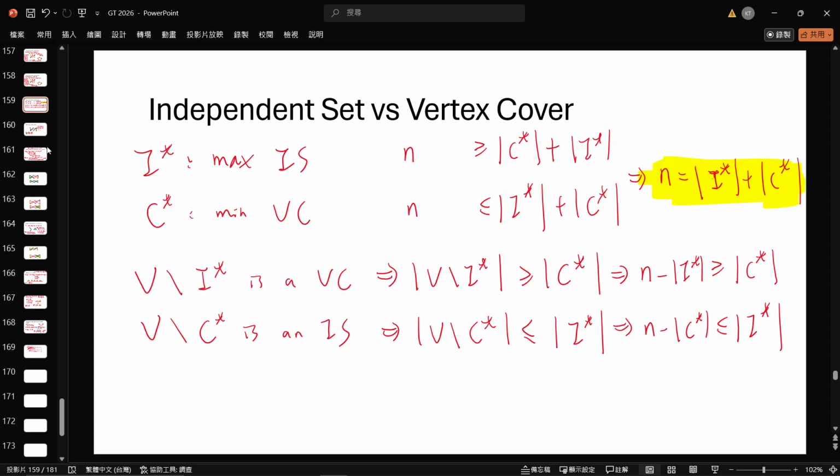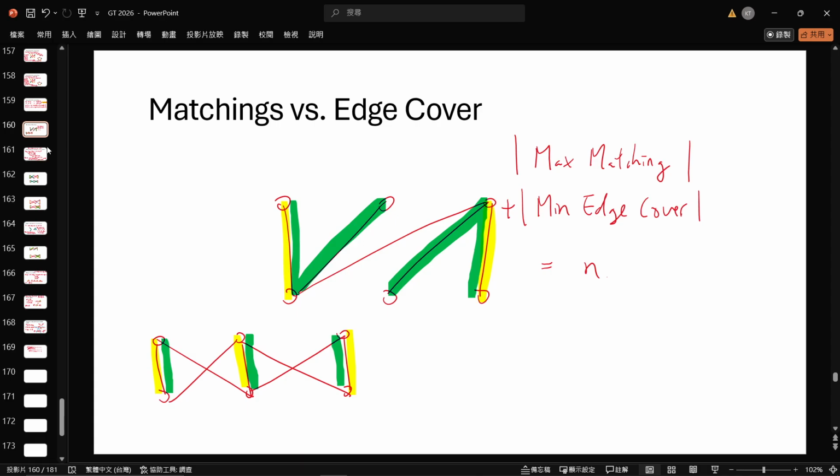These two problems are related to vertices, okay? And we have these two problems related to edges, so matchings and edge cover. The reason that we discuss these four problems is that I want to show that these problems have some special relationship, okay?